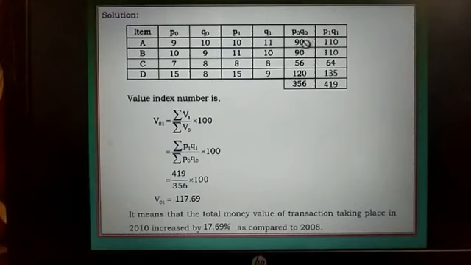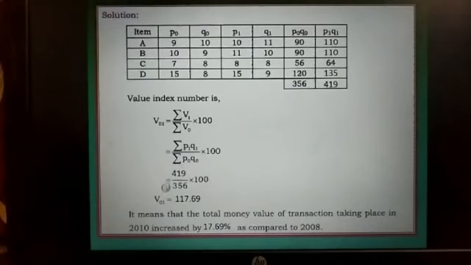That way, when you perform all these calculations and take a sum of that, it will become 356. So 419 to be substituted in numerator and this 356 to be substituted in denominator, multiplied by 100.